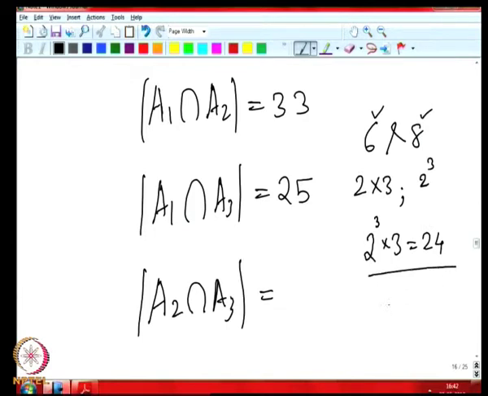On the other hand, if a number is divisible by 24, then of course 6 also divides it, and 8 also divides it.